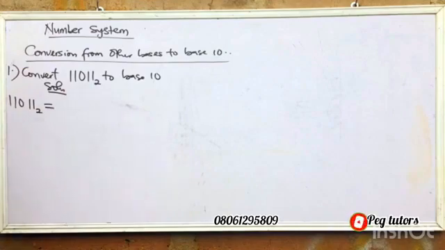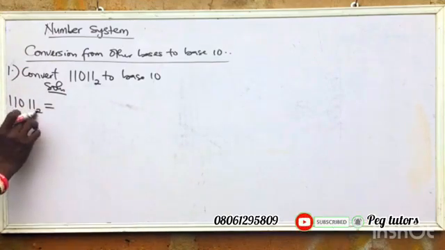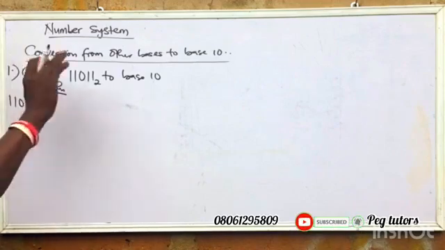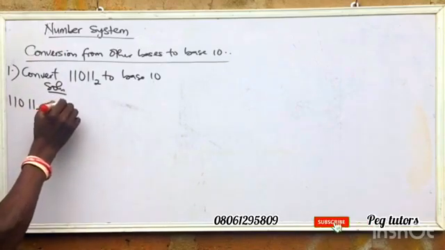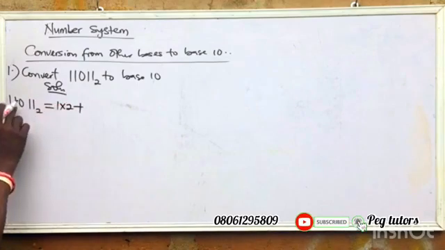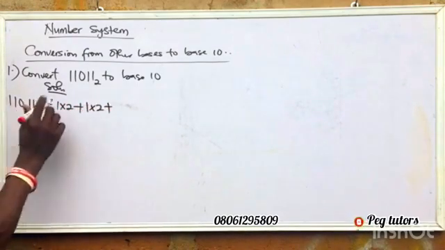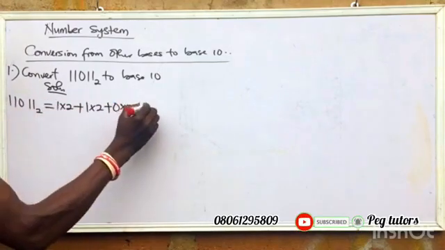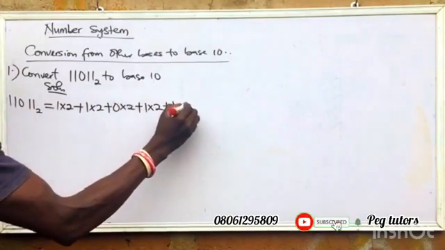Now what you do is multiply every digit here by the base, which is 2, and sum them up. So you multiply 1, the first digit, times 2, plus the next one times 2, plus 0 times 2, plus 1 times 2, plus the last one times 2.